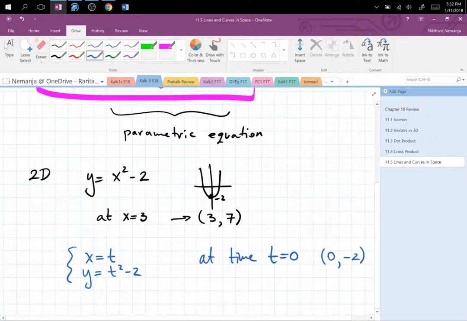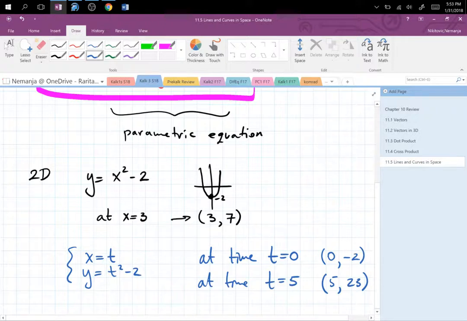And that is a location in space. It's a location on the floor at which I am standing. In this case, it would be the vertex of the parabola which I drew on the floor. And then you can ask yourself at time, let's say, t equals 5 seconds, where am I? I am at 5 and then 23. Again, it's another location in space.